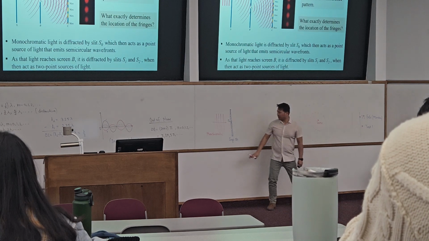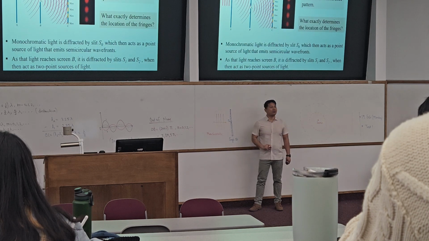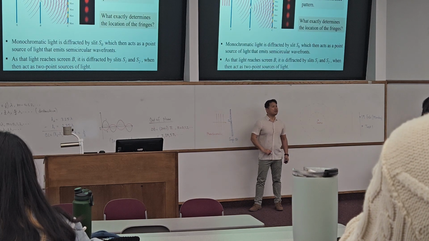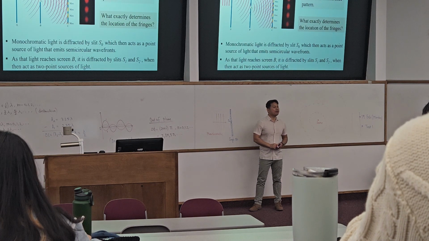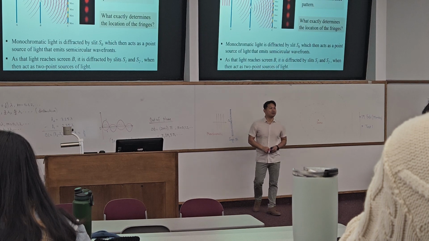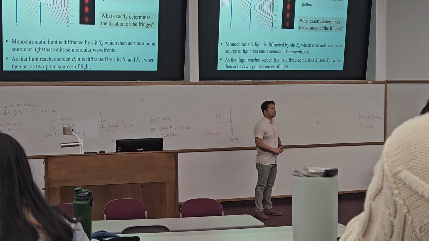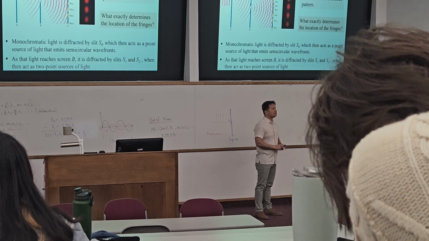So if I draw light that has a line-like wavefront, then that means your source is very far. Let's say like sunlight coming from the sun to earth, it travels such a large distance.